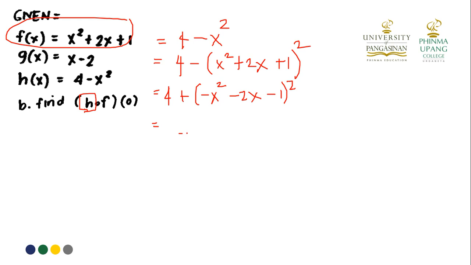What is negative x squared? Negative 2x minus 1, then negative x squared minus 2x negative 1.